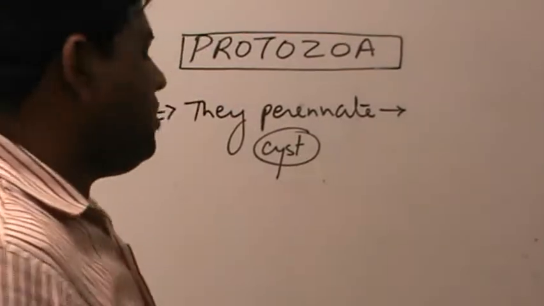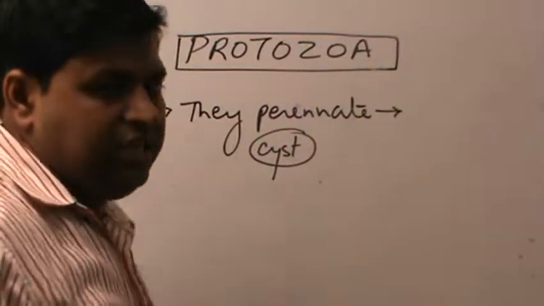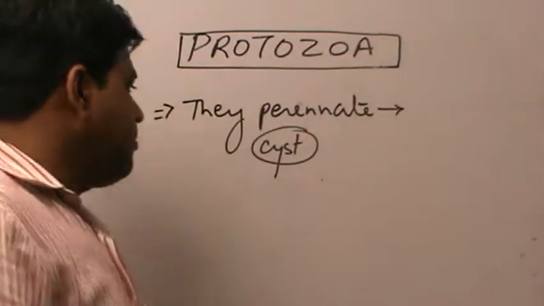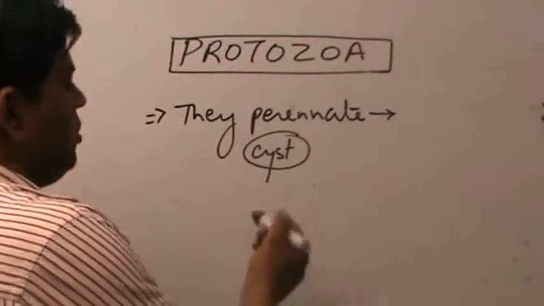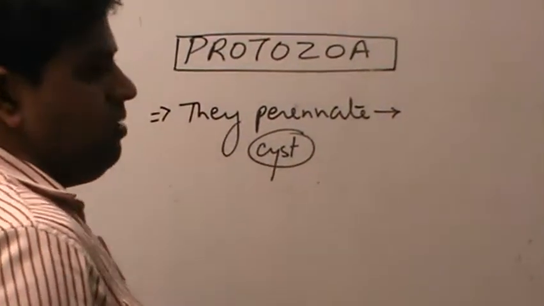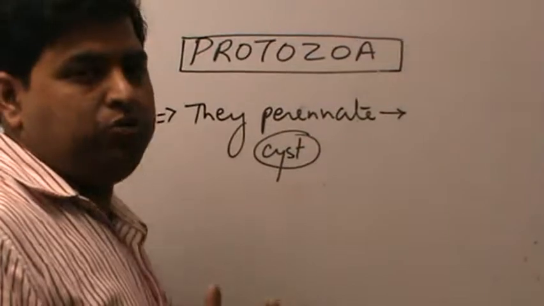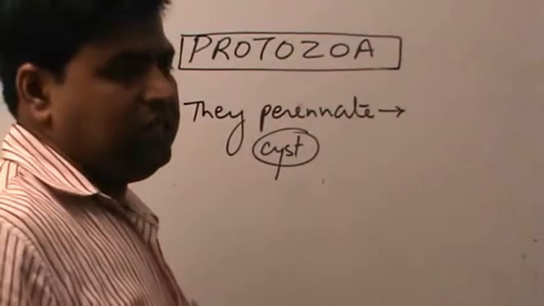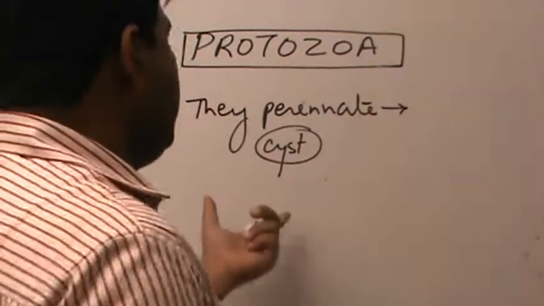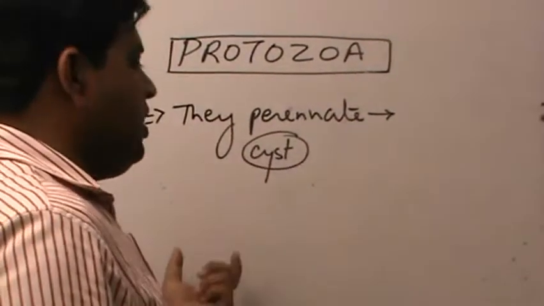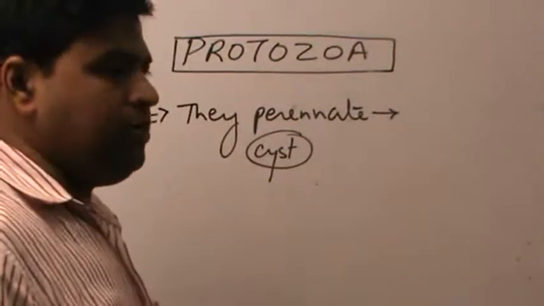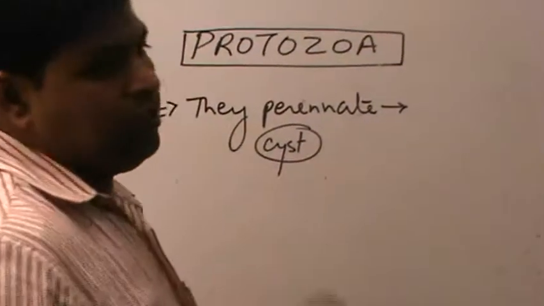So it protects them from desiccation and the unfavorable conditions outside the body. They continue their race with the help of encystment, and when favorable conditions come, they can rejuvenate and form a new organism, or multiply by reproduction.